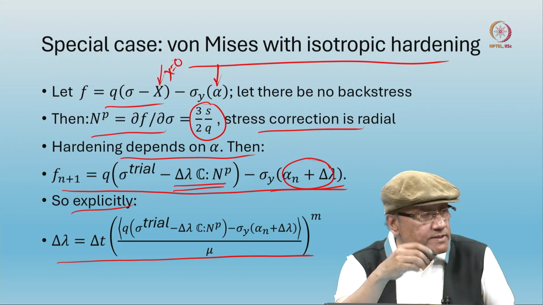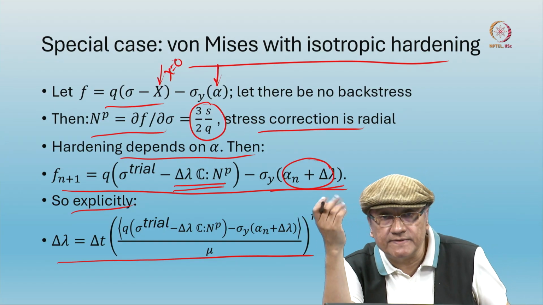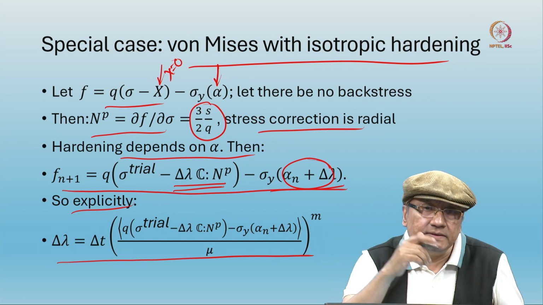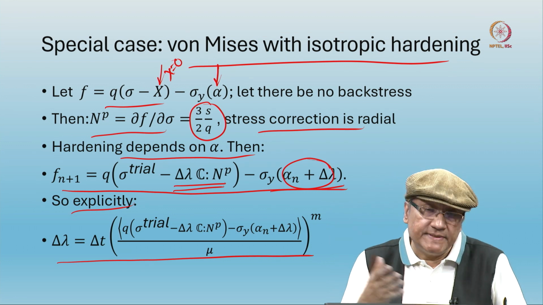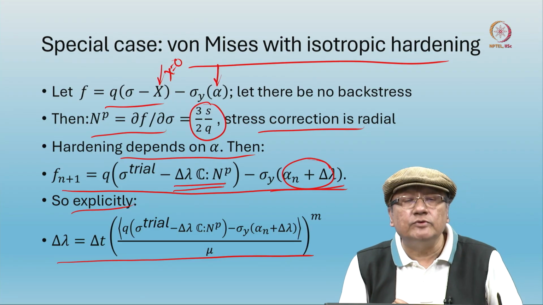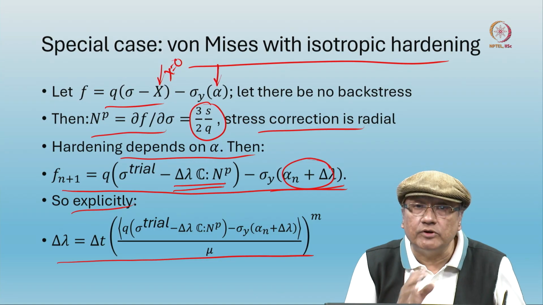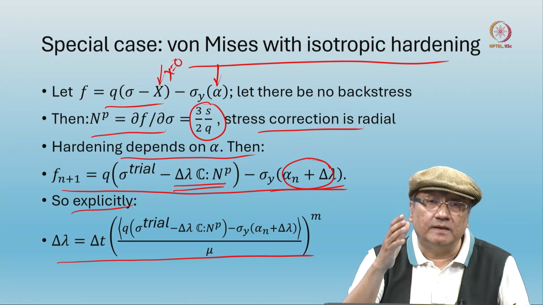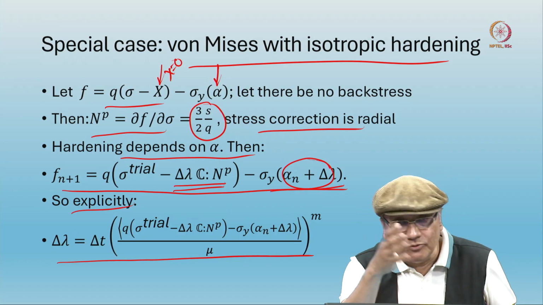You can solve it by, let us say, the Newton-Raphson method. Newton-Raphson is the typical thing, and that is what finite element uses. So, in this context, if we want to solve the whole thing by a Newton-Raphson method, we need to actually develop a tool for that. You know what the tool is.